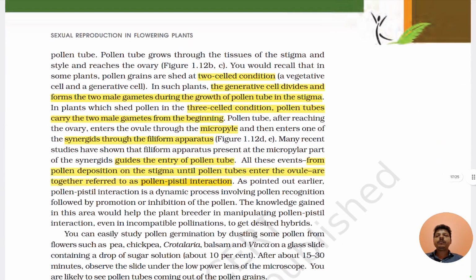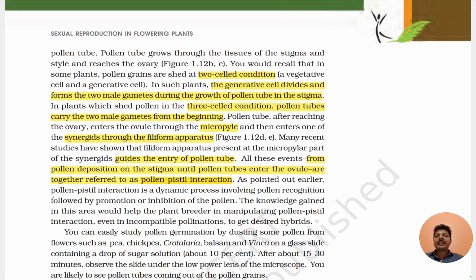Next, here again the points are given. In the two-cell condition, the generative cell divides to form the two male gametes during the growth of the pollen tube in the stigma. And in the three-cell condition, the pollen tube carries the two male gametes from the beginning.